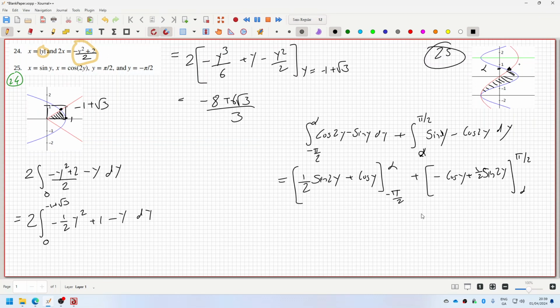So to get the alpha, I need sine y to equal cos 2y.